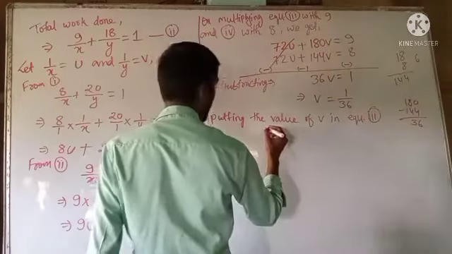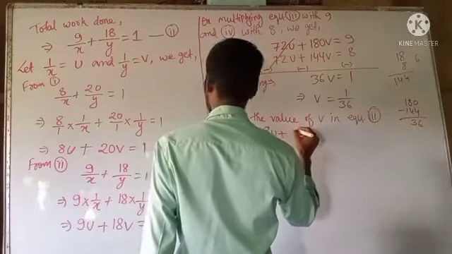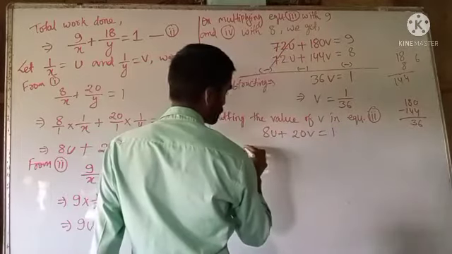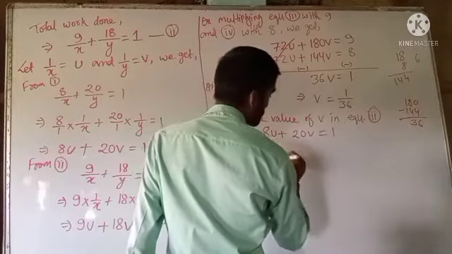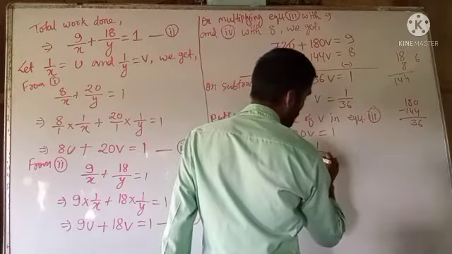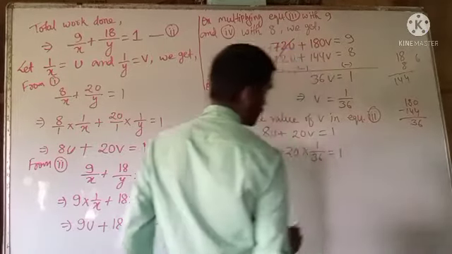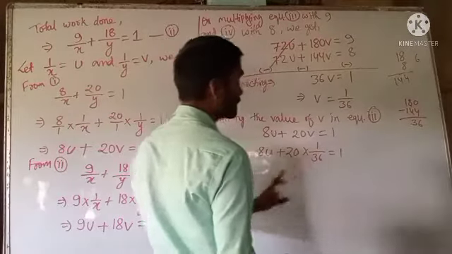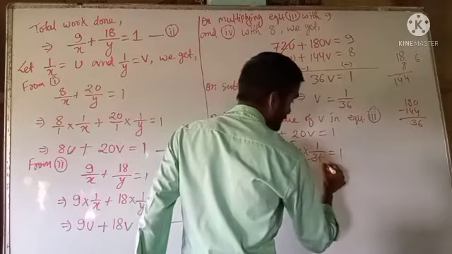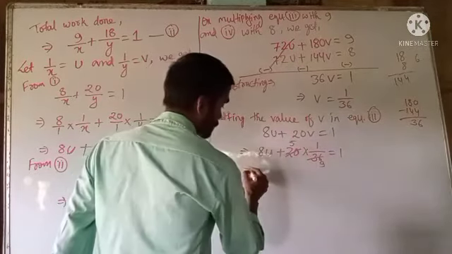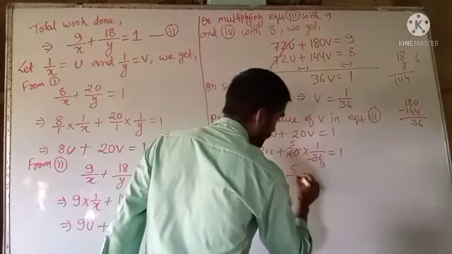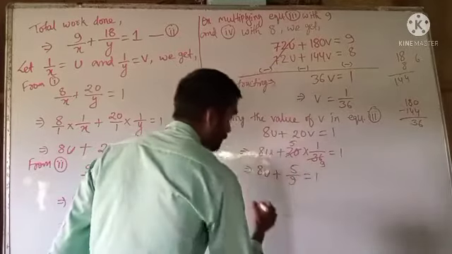Equation 3 here it is 8u plus 20v is equal to 1. 8u plus 20 into v, it is 1 by 36, is equal to 1. Now 20 and 36 we can cancel by 4. 4 5s are 20, 4 9s are 36. Then 8u plus 5 by 9 is equal to 1.